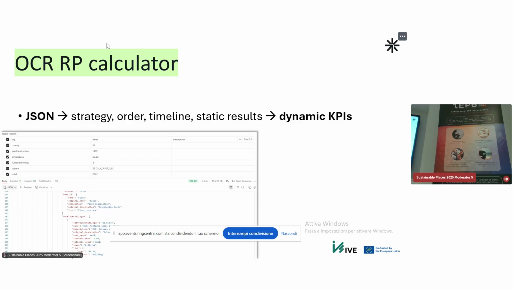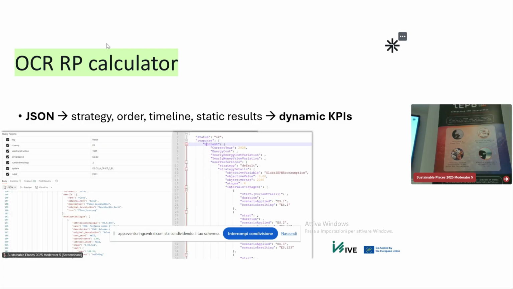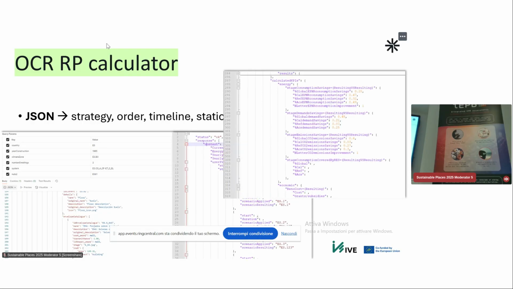So this is a very ugly part in which you input very few data, and then you get a structured and harmonized information that then can be implemented in the different front ends.